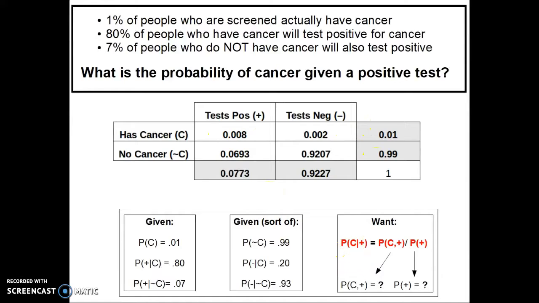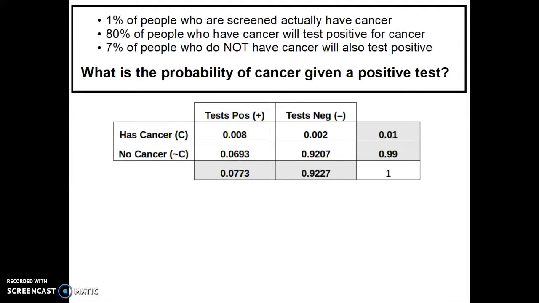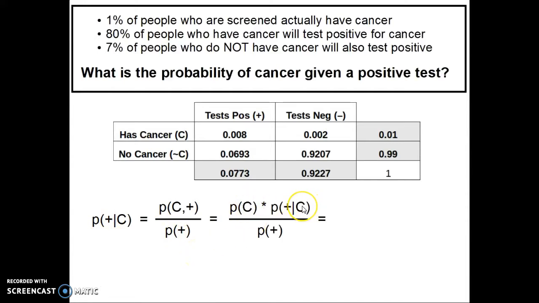Now how do we find this? How do we find the probability of cancer given that the test result was positive? How do we find that? Well, the joint of positive and cancer over the marginal of positive, right? This right here, which is just this, which is just this.